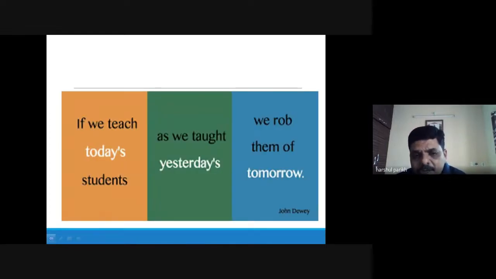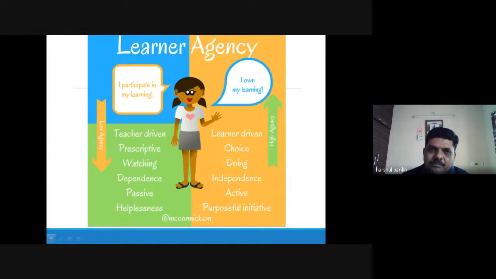If we teach today's student as we taught yesterday, we rob them of tomorrow. On the left-hand side, majority of us know the older methods, where students participate in learning, which is teacher driven. It is passive teaching.